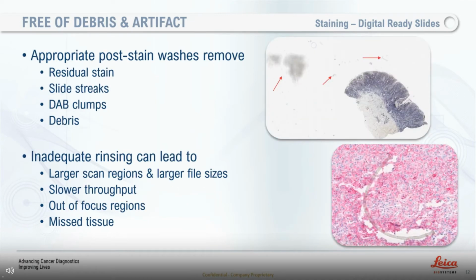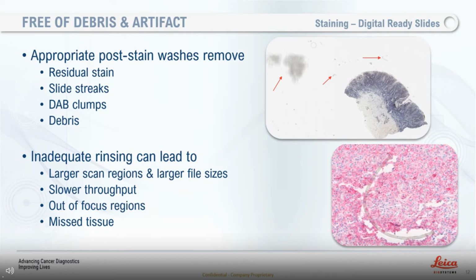The next piece at the staining stage is to make sure that your slides are free of any staining debris or artifacts. The easiest and most simple way to do this is to ensure that you have the appropriate post-stain washes. What they will do is obviously remove any residual stain if you've got any streaks of stain across your slide.